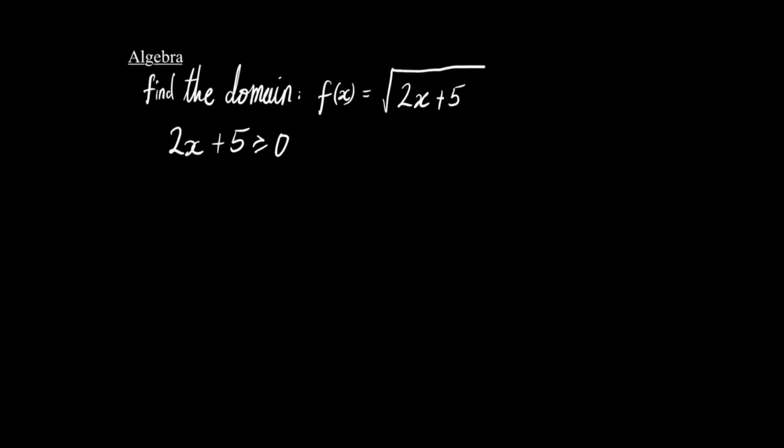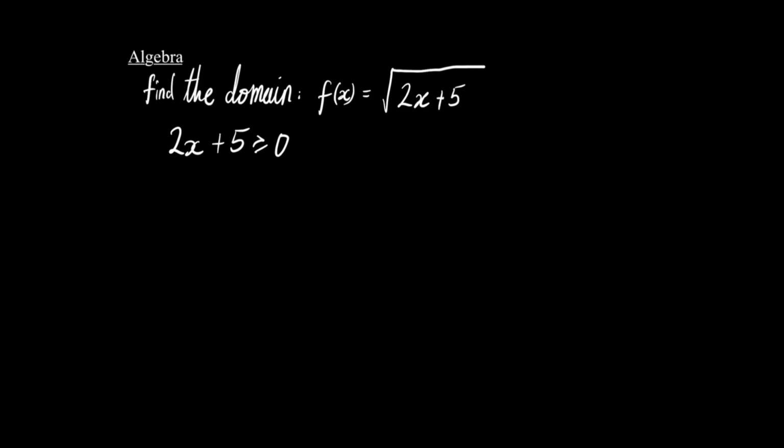An imaginary number is not a real number. So we are going for greater than or equal to. So that when we solve for x, we can now conclude that the domain of the function f of x is all values greater than or equal to whatever we solve from here.